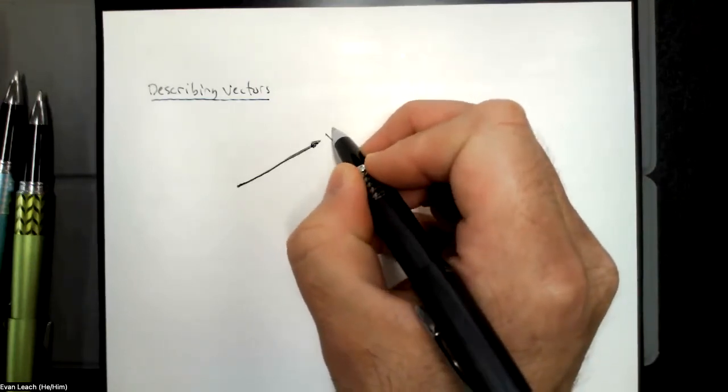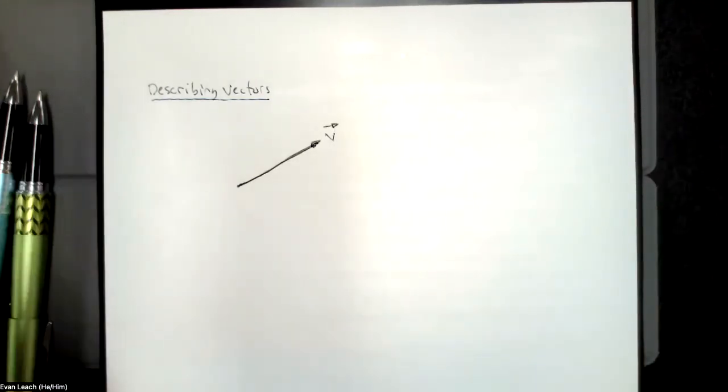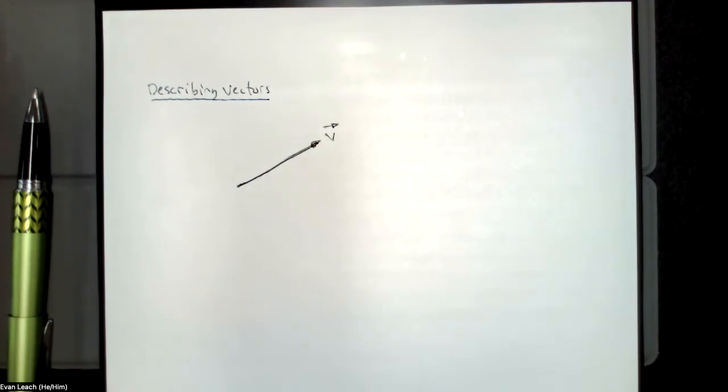So here's going to be a vector v. We're going to describe vectors by imagining them sitting on a coordinate system. So we're going to imagine a coordinate system.